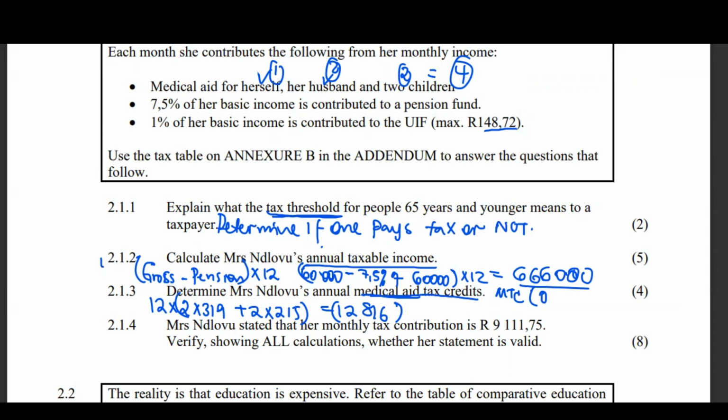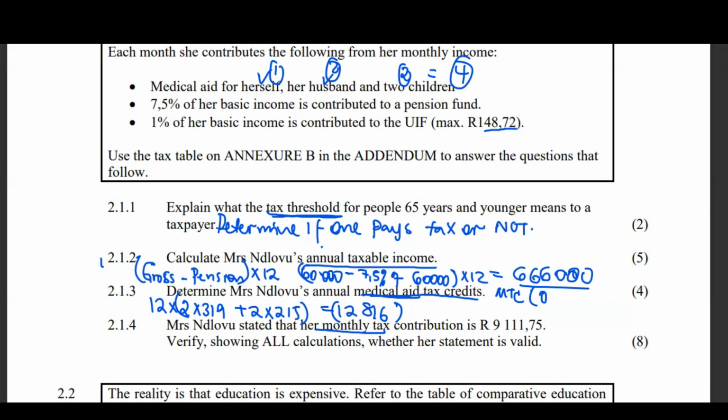Mrs. Ndlovu stated that her monthly tax contribution, take note of that, is monthly. Yet the values we're dealing with are annual, simply meaning you look for the annual tax paid divided by 12. The person says the monthly tax contribution is 9,111 rand 75 cents.